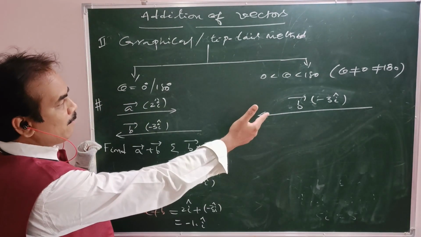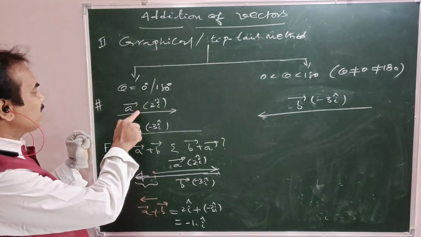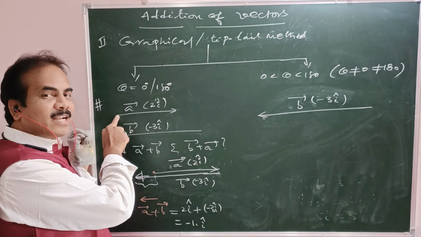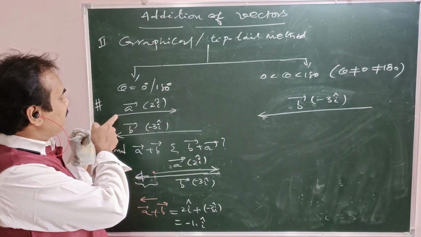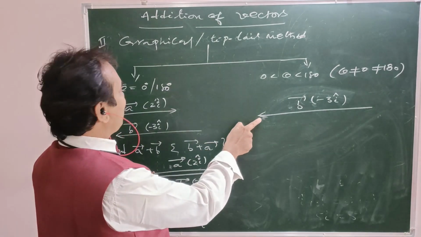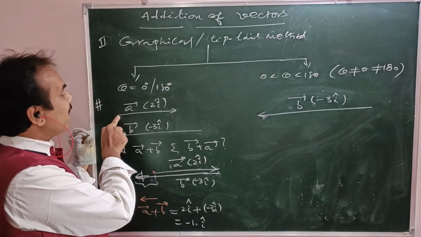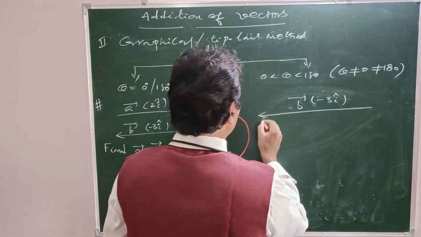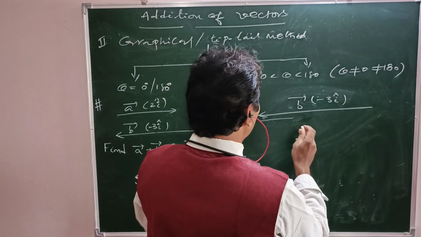Now coming to the second vector, the tail of the second vector is to be connected with the head of the first vector. This is the tail of the second vector. This is the head of the first vector. Now take this vector such that its tail is connected to the head of the first vector. This is A bar.